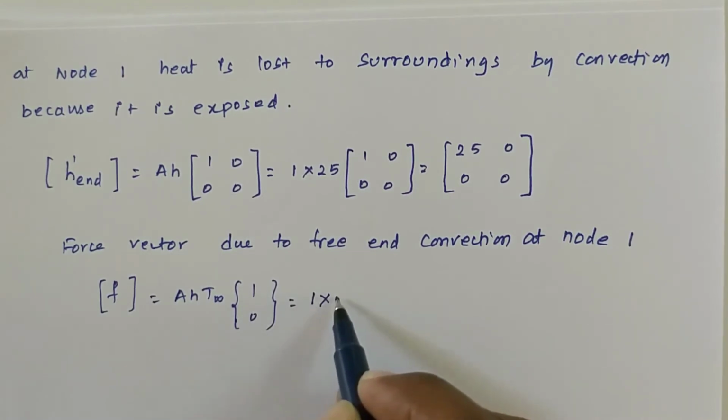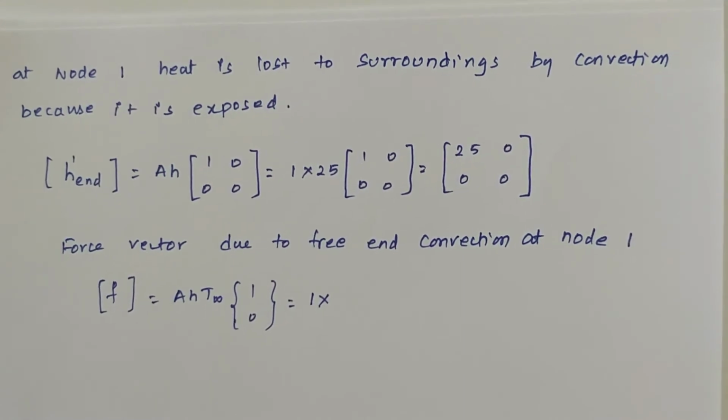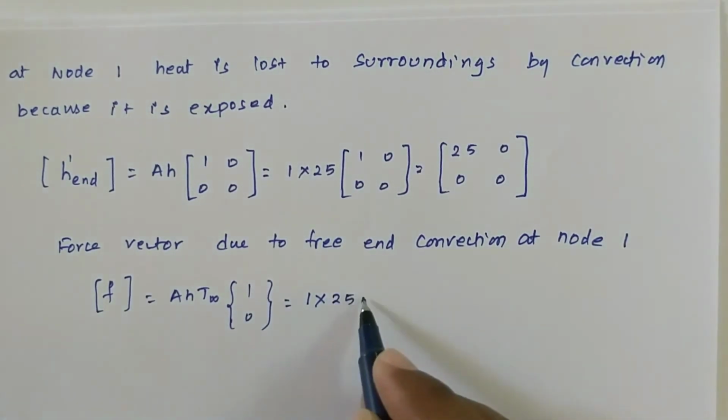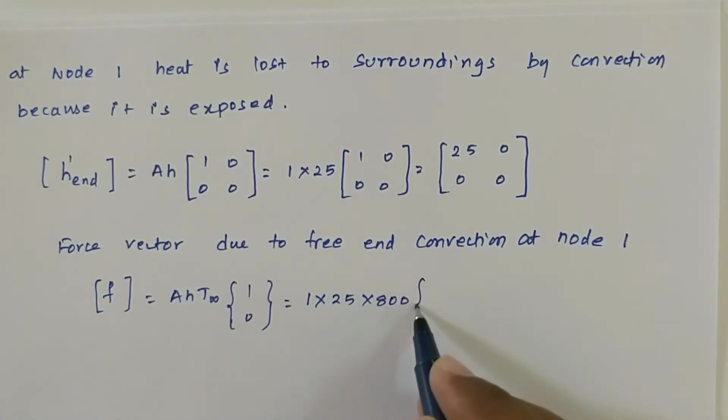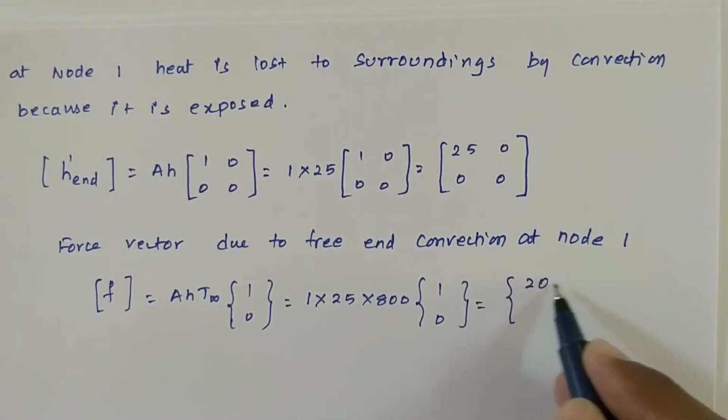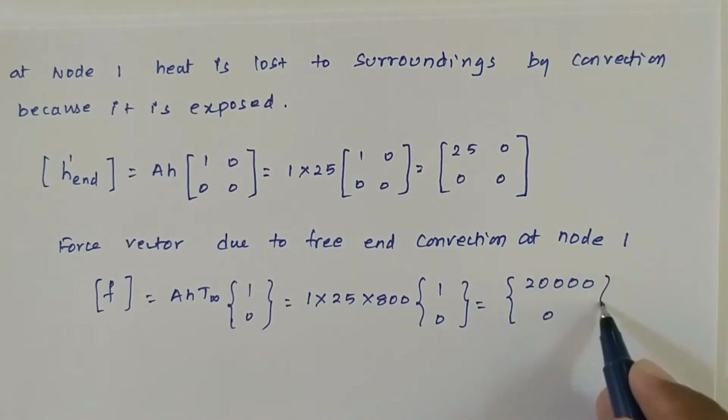Area is 1, H is 25, T infinity is 800, into [1 0]. After simplification this becomes [20,000, 0].